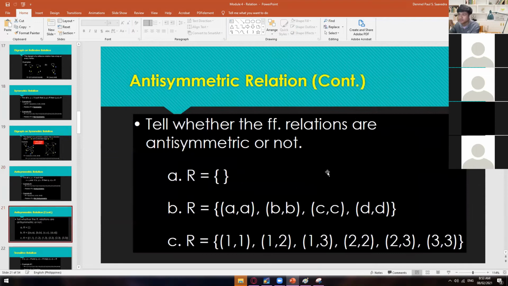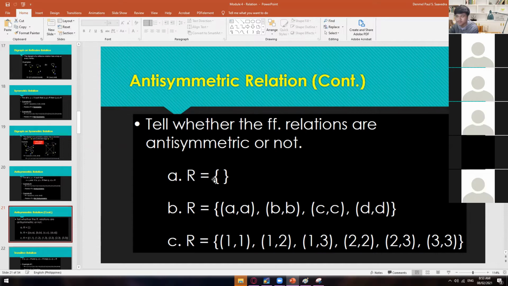All right, so here's the continuation of anti-symmetric relation. Tell whether the following relations are anti-symmetric or not. Letter A, is this anti-symmetric or not? This one is anti-symmetric because, first of all, it doesn't have a relation to compare with.